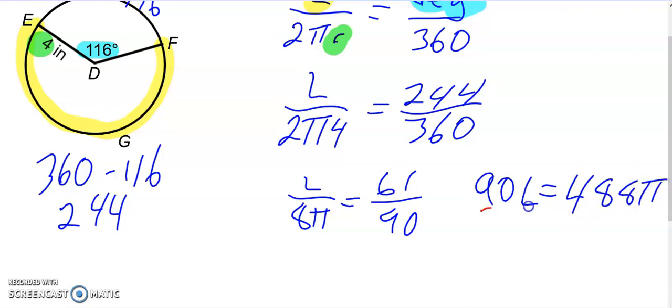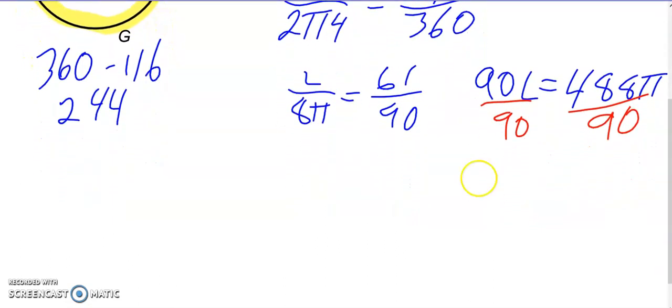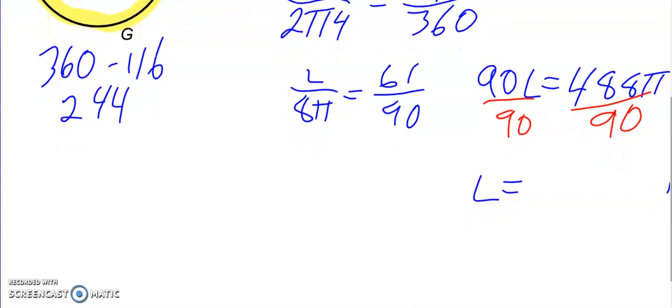Then we need to divide both sides by 90, so I get L by itself. L is going to equal 488, make sure you use your pi key, pi divided by 90. We hit enter, and my calculator tells me it's 17.0344135.